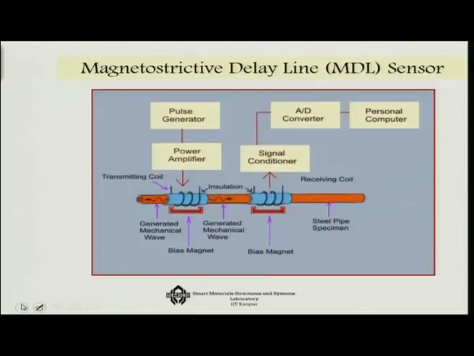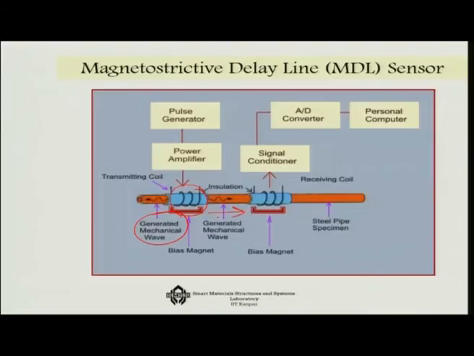One such typical sensing I am showing you here is the magnetostrictive delay line sensing. There is one area where you have applied the magnetostrictive material and a bias magnetic field, which generates a mechanical wave, and that mechanical wave travels.